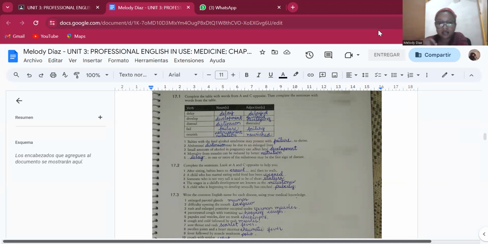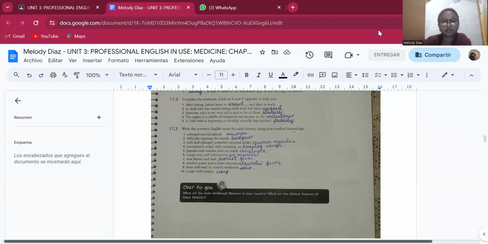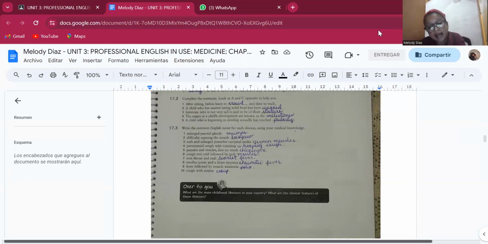Complete the sentences. Look at A and C opposite to help you. Number 1, after sitting, babies learn to crawl, and then to walk. Number 2, a child who has started eating solid food has been weaned.